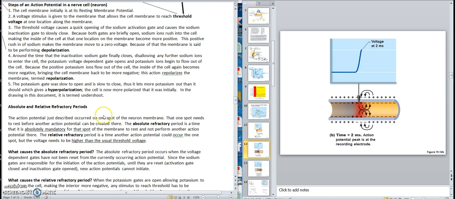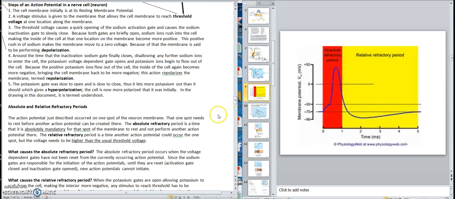So let's see what we got. What we have is the absolute refractory period and a relative. The absolute refractory period is a time that is absolutely necessary for that spot of the membrane to rest and not perform another action potential.